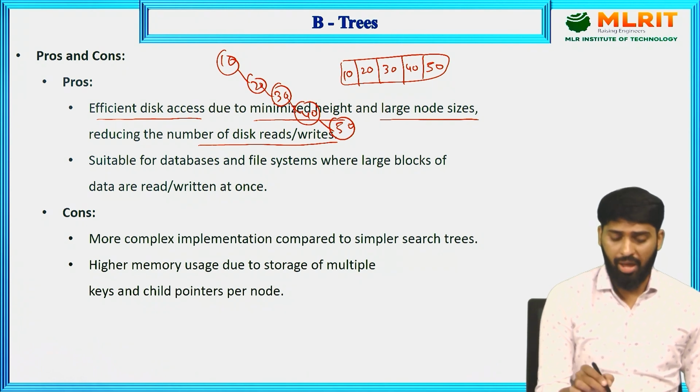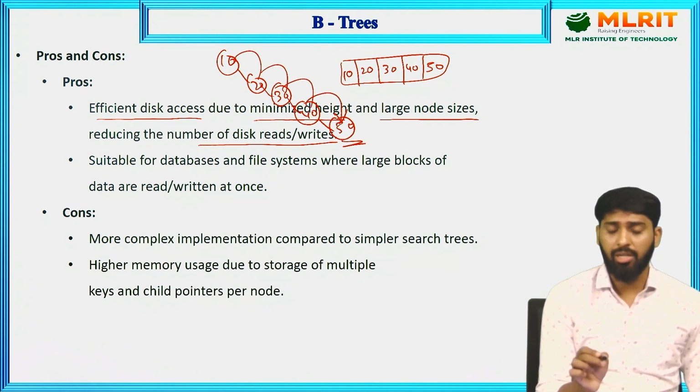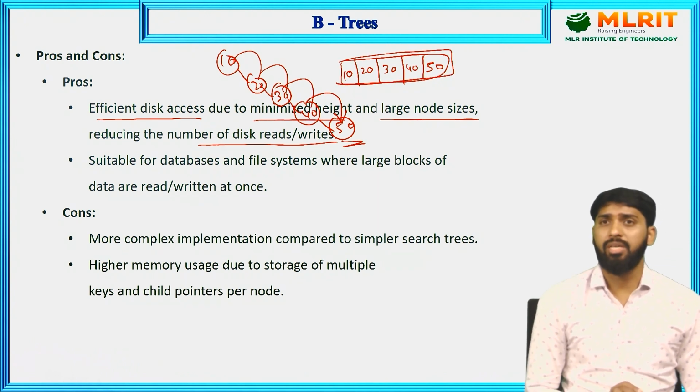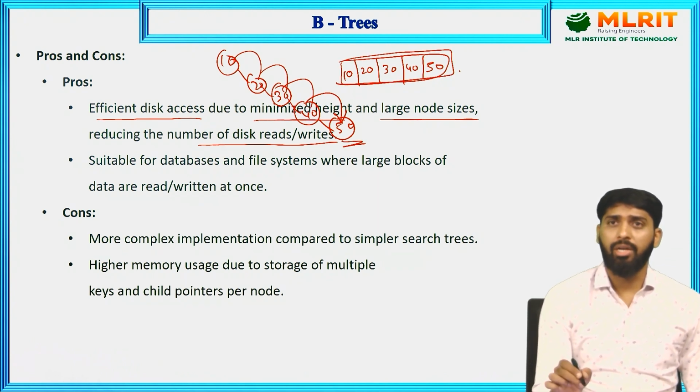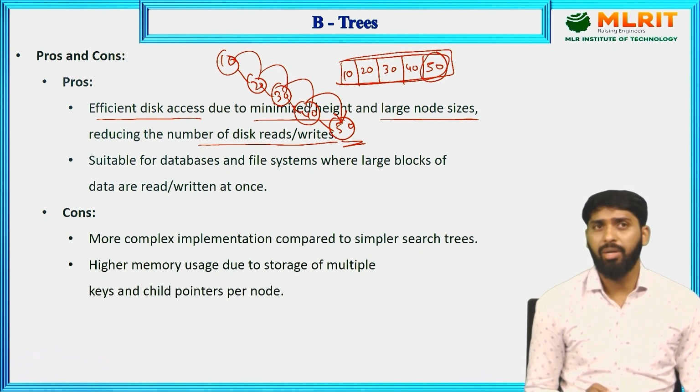Now to access this 50, we can traverse all these nodes. But here we store all 5 keys in one node. When it loads into the primary memory, we can access 50 directly. So that is the advantage of B tree.